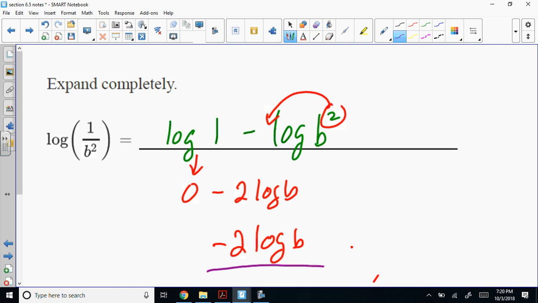Log base b of b, where the base and the argument are the same. So log of 10 would be 1, right, if it was a common log, or log base 5 of 5, they'll do that. They'll also do the 0 one, log of 1. And that's about it. They're just going to mess with you on properties. That's all they're going to do.